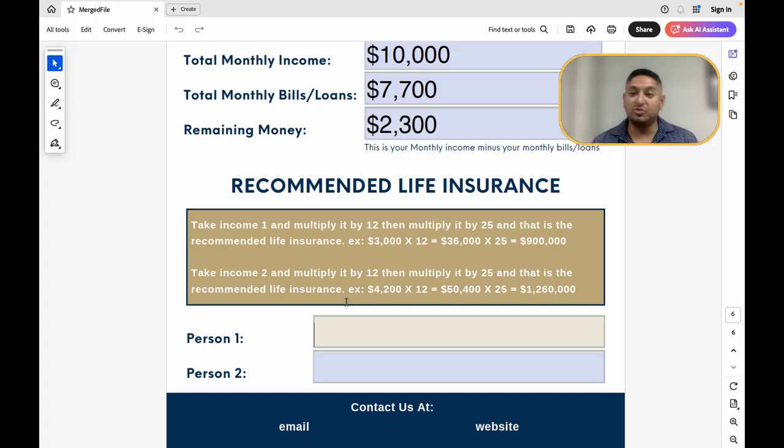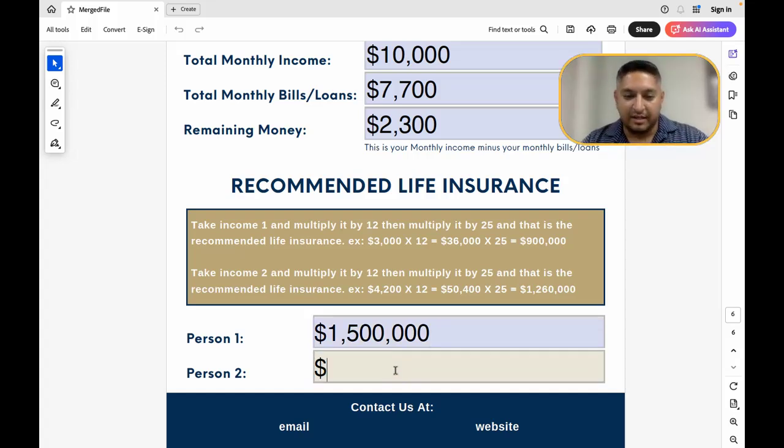So there's 5,000, 12 months in a year. $5,000 a month will give you the 60,000 times the 25 equals 1.5. So the recommended life insurance rule of thumb would be $1.5 million for both of them.